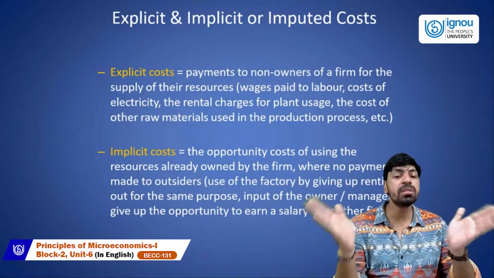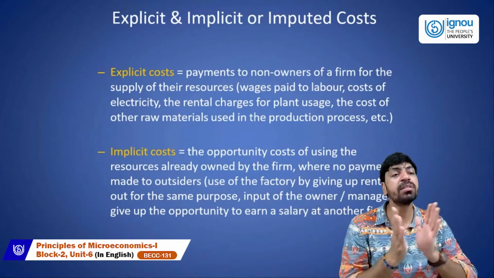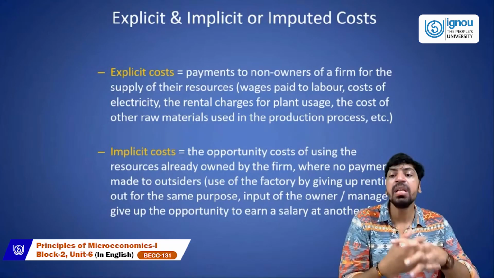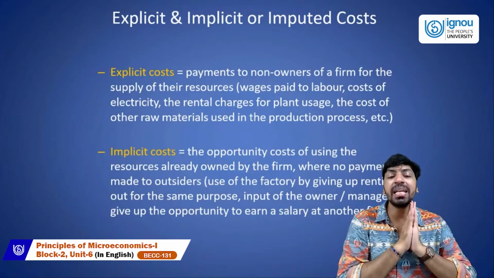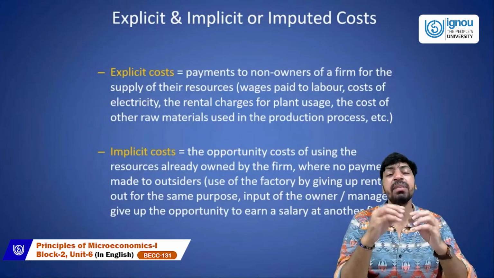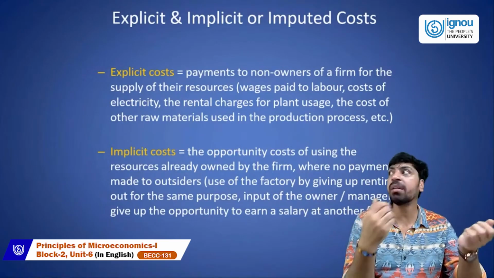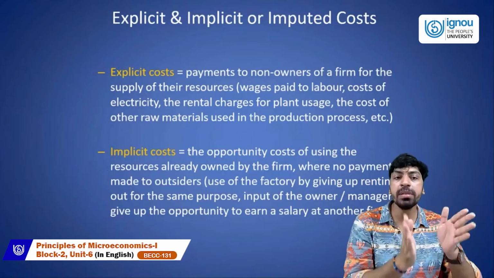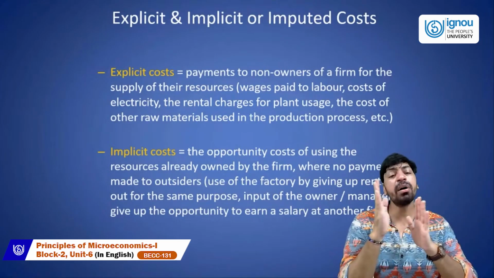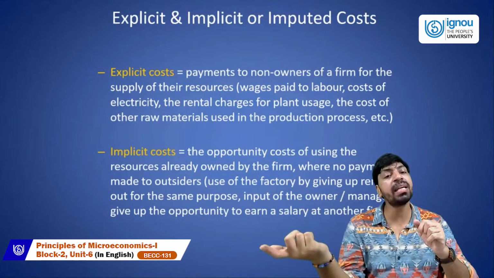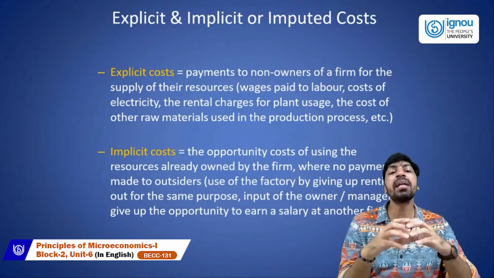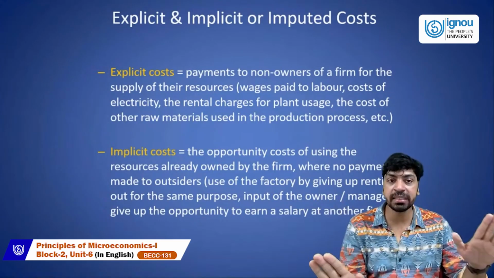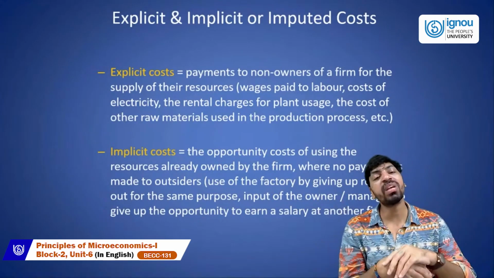These are costs of using resources owned by the firm, where no payment is made to outsiders. So if there is a distinction between the two costs: explicit cost is a payment to be made to the outsider, but implicit costs are those payments which are not made to outsiders, and that is the main difference between the explicit and the implicit cost.